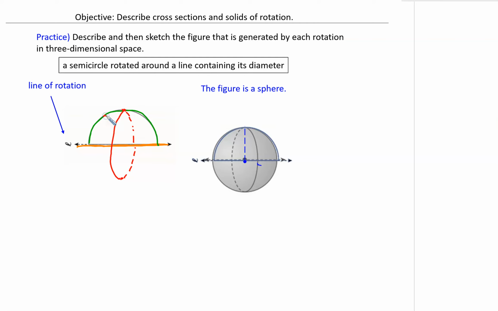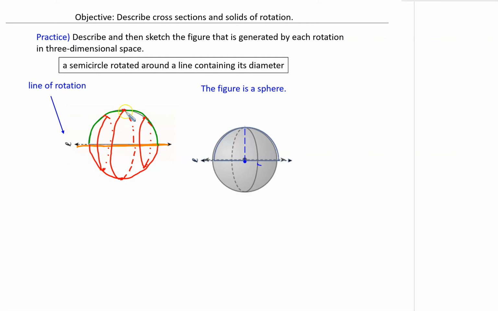Same thing for other points. So this point would rotate around the front, create a reflection of itself, rotate around the back. This point comes around the front, creates a reflection, rotates all the way to the back to finish the circle. So if we connect all of these reflected points, it creates a sphere.